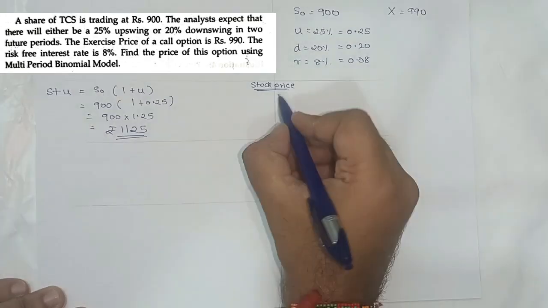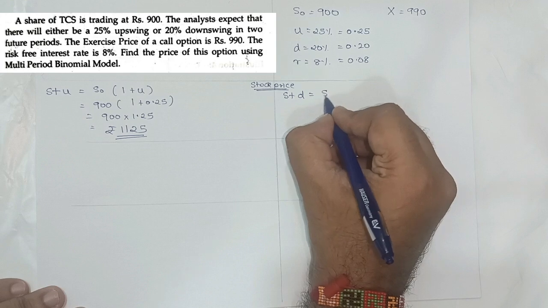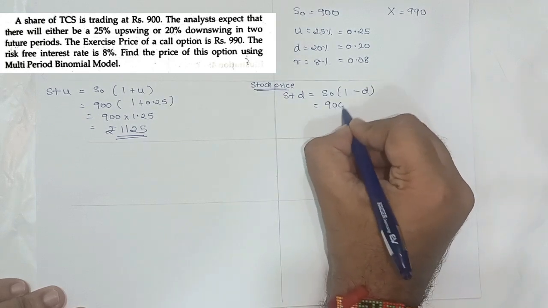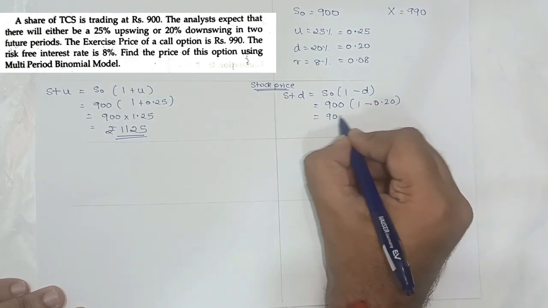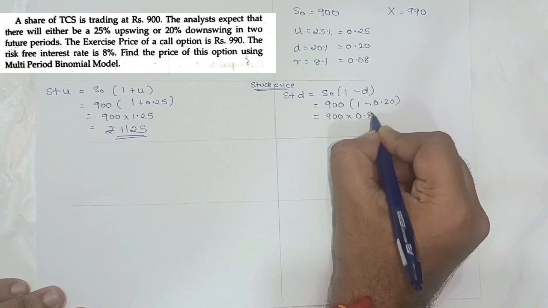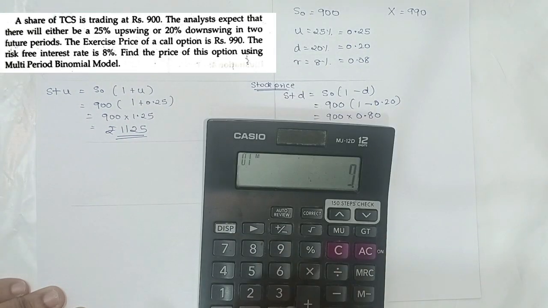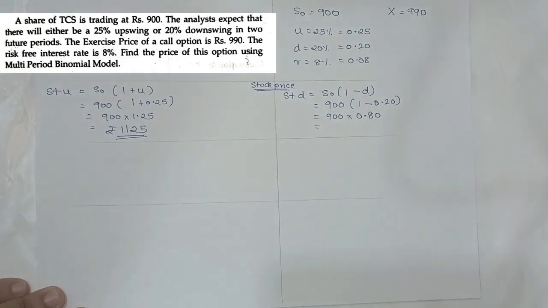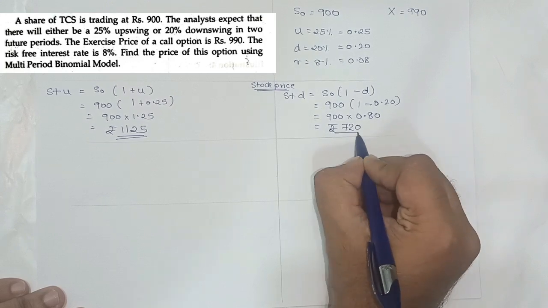Same way we will find now stock price during downswing. So it will be S0 into 1 minus the downswing rate. So that's 900 into 1 minus 0.20. So that will become 900 into 0.8. You multiply that again on the calculator, 900 into 0.8, so that comes to rupees 720.